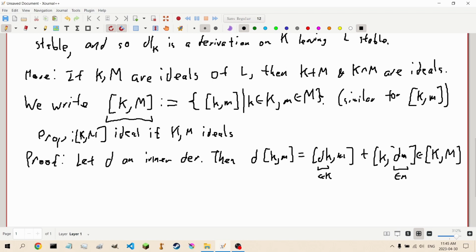And a couple more constructions here we're going to write out.